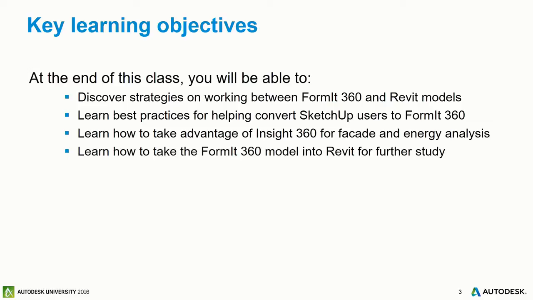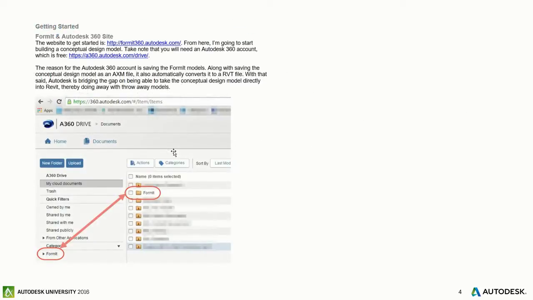We'll also get some ideas of FormIt to Insight 360 and what's available and what's not. And if you do a few extra picks and clicks and take the FormIt model into Revit and then go into Insight 360, it gives you more with that workflow. I want to make sure you understand what's going on with all of that.